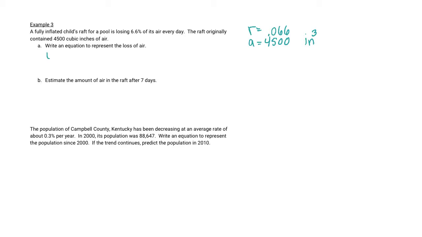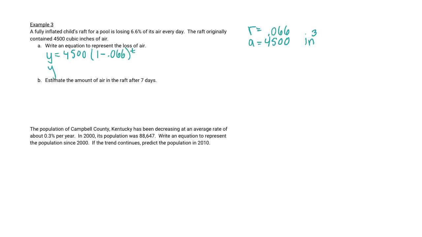Y equals initial amount, 4,500, times 1 minus interest rate in decimal form, to the T power. Again, like exponential growth, the only thing we can simplify is to subtract 1 minus 0.066, which is 0.934.